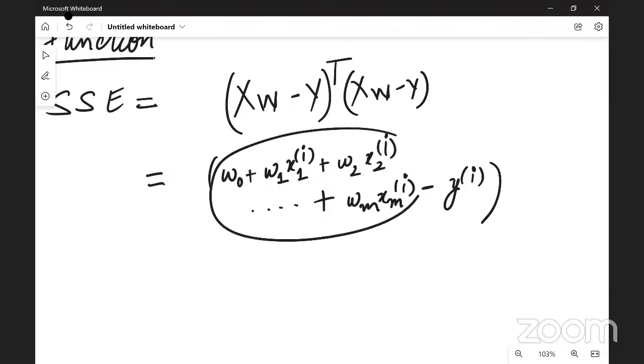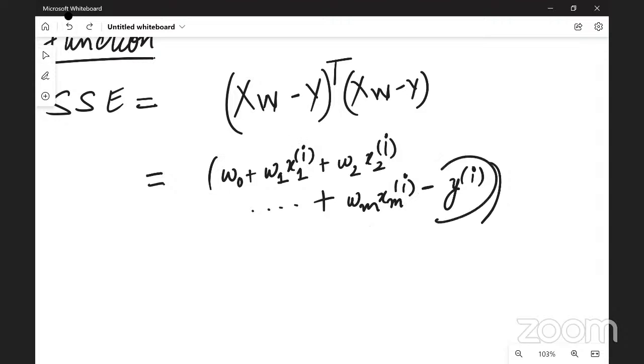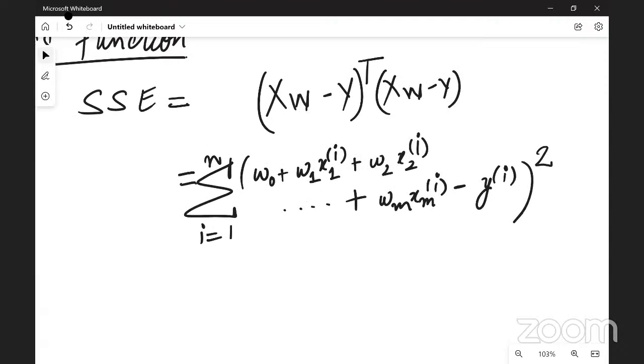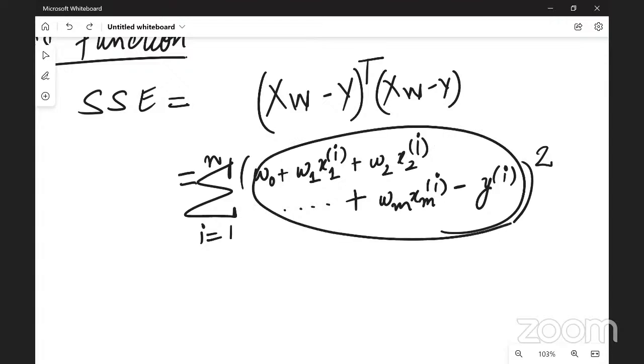This is your prediction, and this is the ground truth value or the label. You subtract it, you take the square of it, and you sum for all the values. There is a half also there, right? Not in SSE. I was coming to that point. This quantity xw is exactly represented by xw minus y in the vector form.